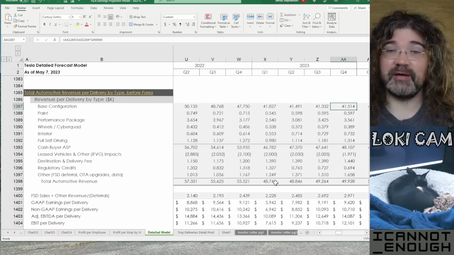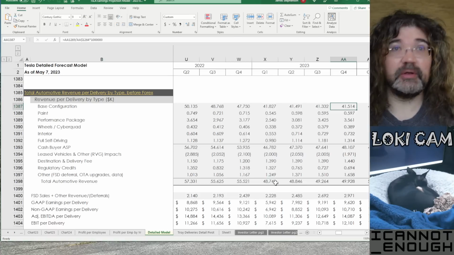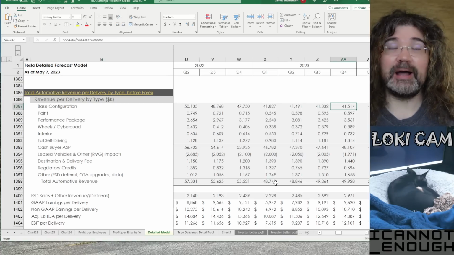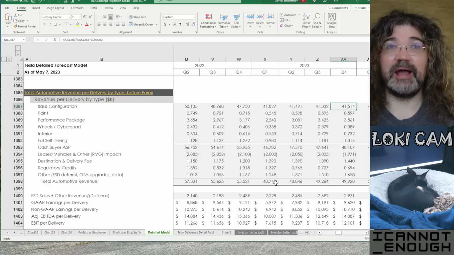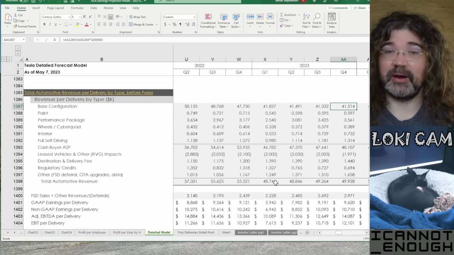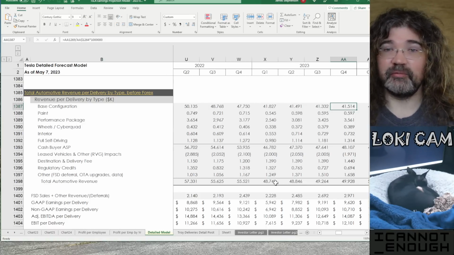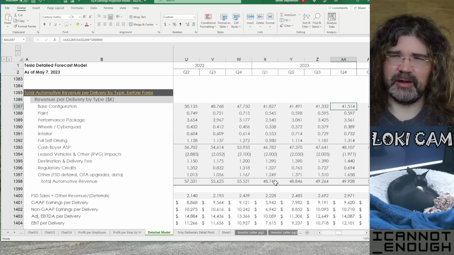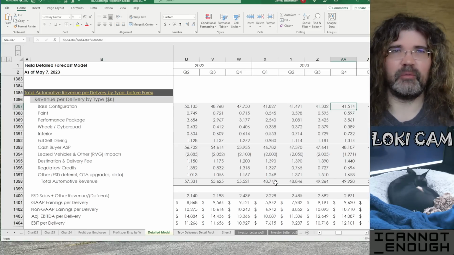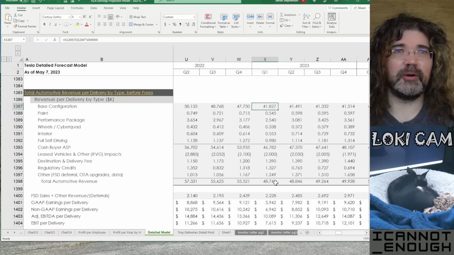If you look at the weighted average of all model types, with Model Y becoming a larger fraction of the total as more Model Ys get made from factories around the world, especially Berlin and Austin ramping up more, but even Shanghai is producing more Model Ys now than they ever have before.